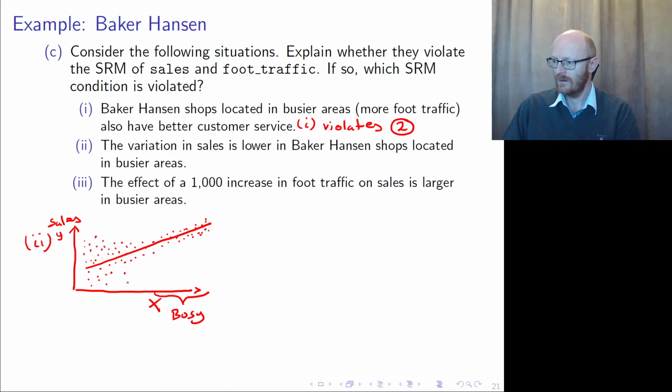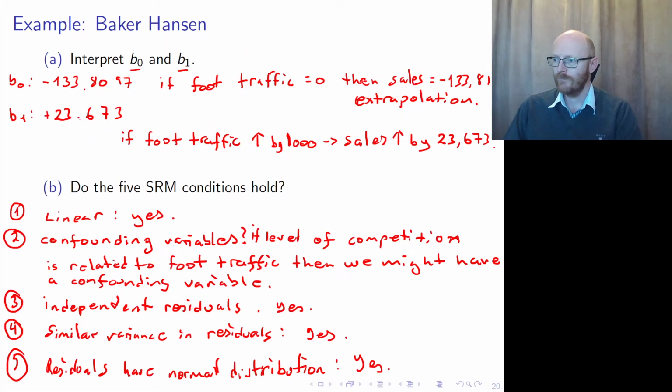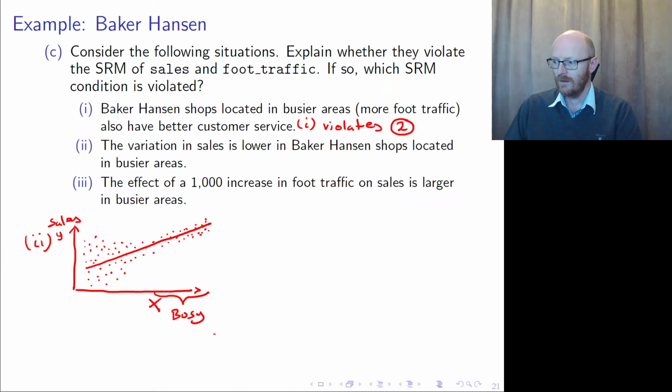Okay? For example, like this. This would then violate condition number 4 of similar variance in residuals, because the residuals for the less busy part of the regression would have a higher variance. So this violates number 4.